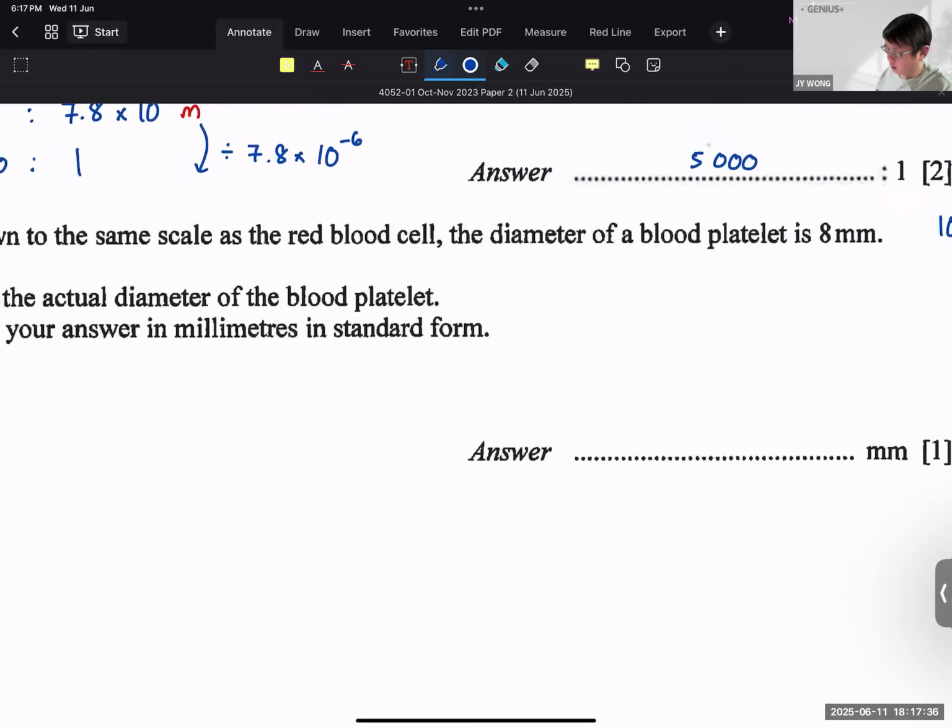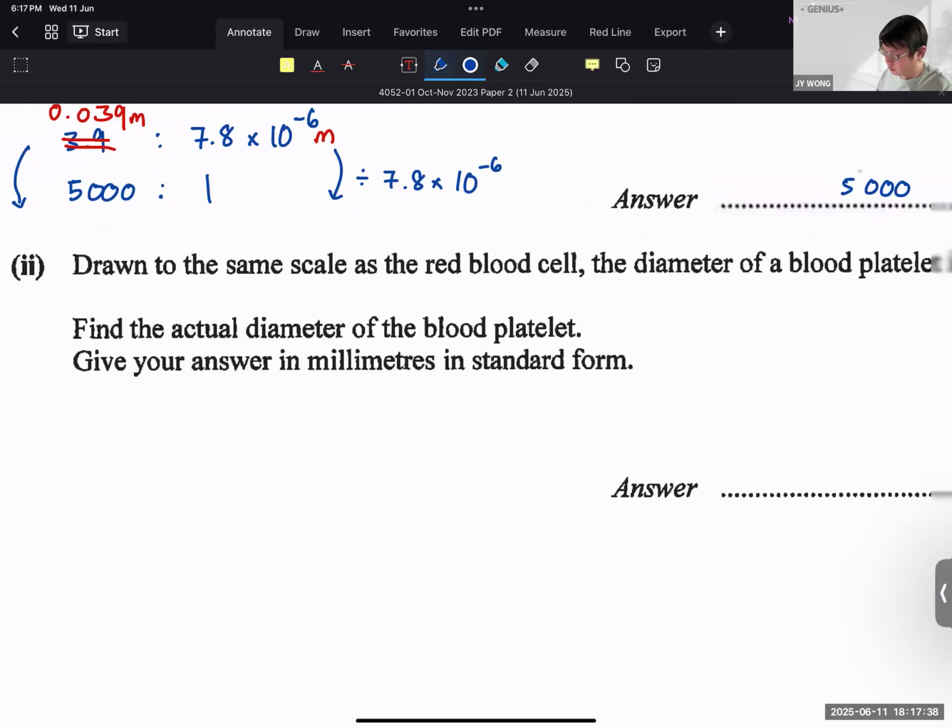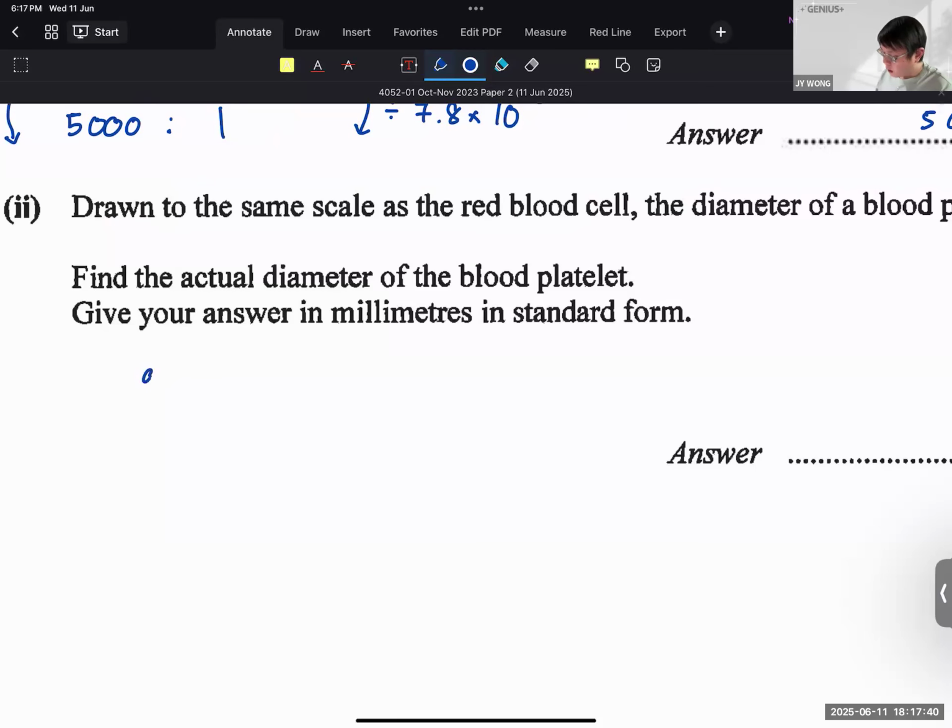Because from part A, we are given the ratio. Your drawing to actual is in the scale 5,000 to 1. 5,000 to 1 will mean what? It will mean if it is 5,000 mm, it will be 1 mm.